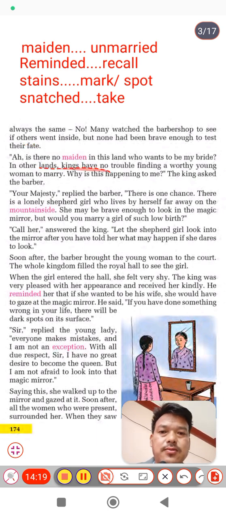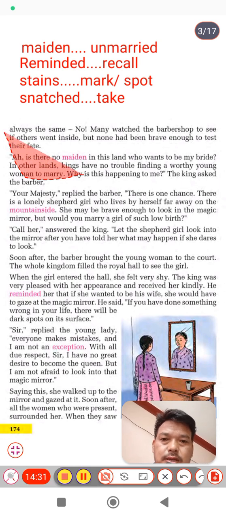Is there no maiden in this land who wants to be my bride? In other lands, the king has no trouble finding a worthy young woman to marry. Why is this happening to me? The king asked the barber.